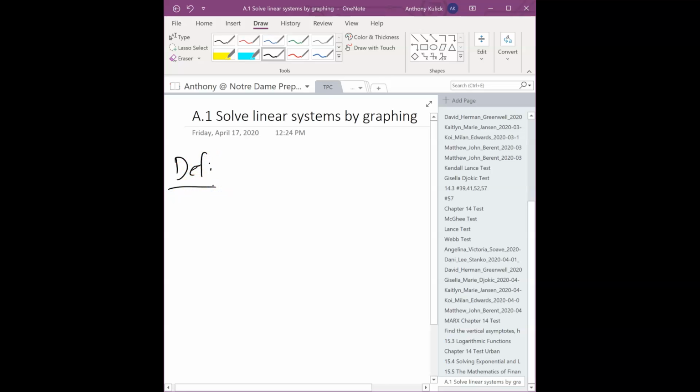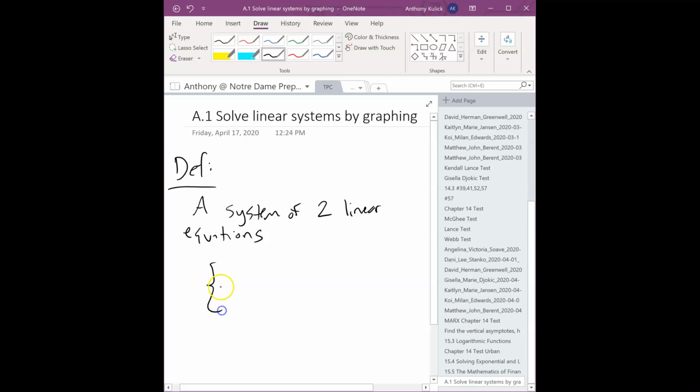So when we define a system, we're going to start with a two variable linear system. So we say a system of two linear equations, also called a linear system, consists of two equations that relate the two variables x and y that can be written in the form here below.